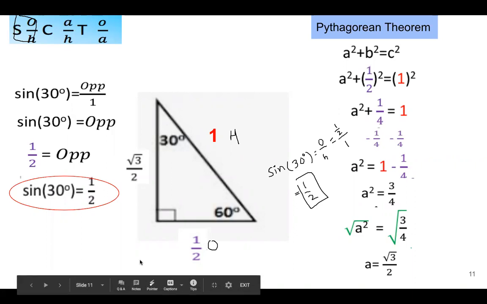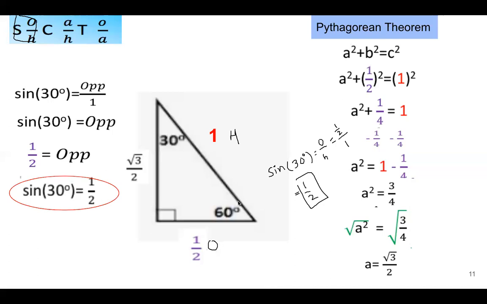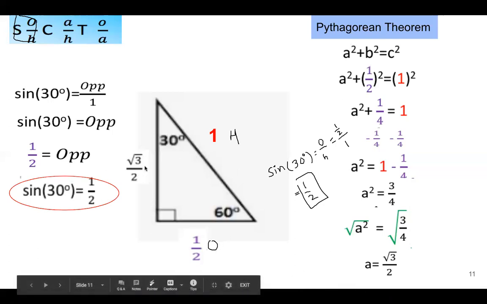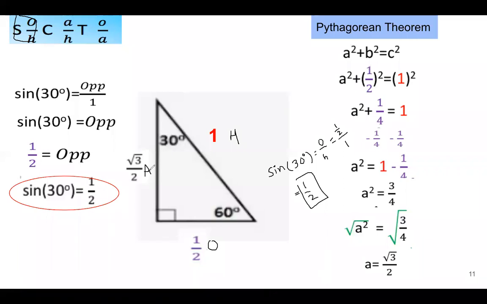The next thing that I'm going to do is the cosine of 30. We know this is O, this is H, and this was A. So for cosine of 30, we look at the SOHCAHTOA truths.